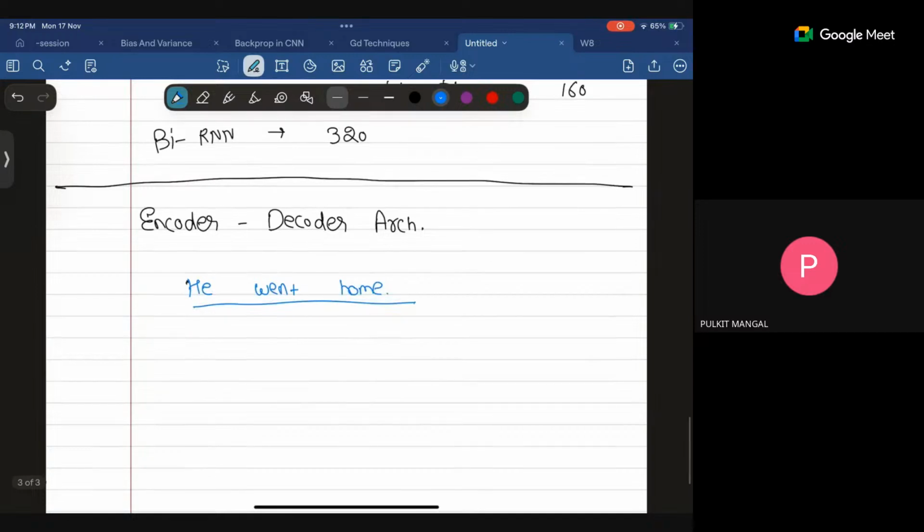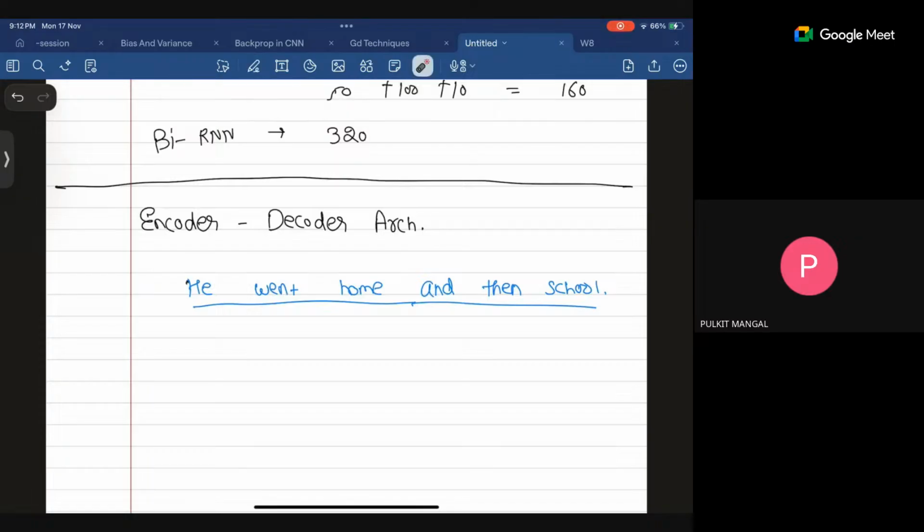I only know Hindi except English. I don't know how many of you know Hindi, but if we translate this to Hindi, then it could be "वह घर गया" and "उसके बाद school गया".